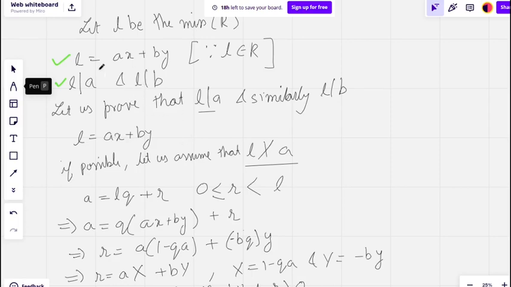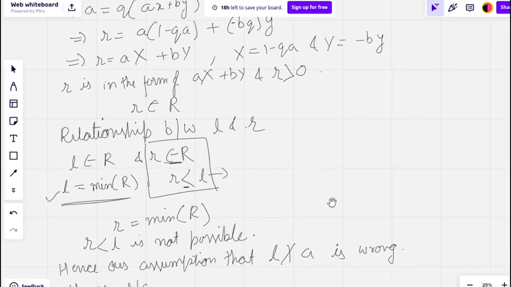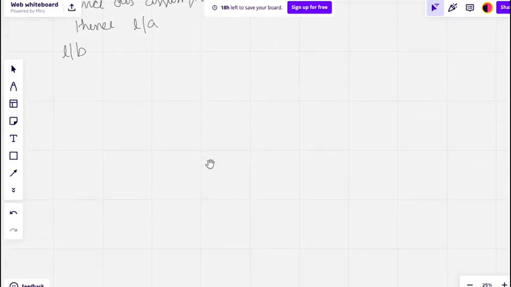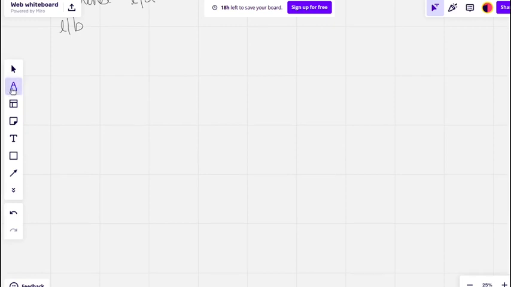So far what we have understood is that L equals AX plus BY, and L divides A and L divides B. All right, so now let's proceed forward. By the way, I'll be uploading this note also, so that you could refer to it.